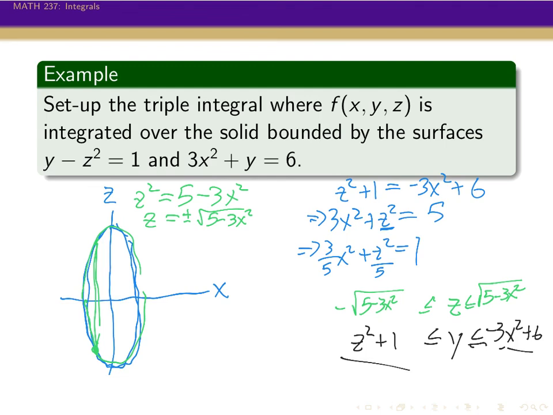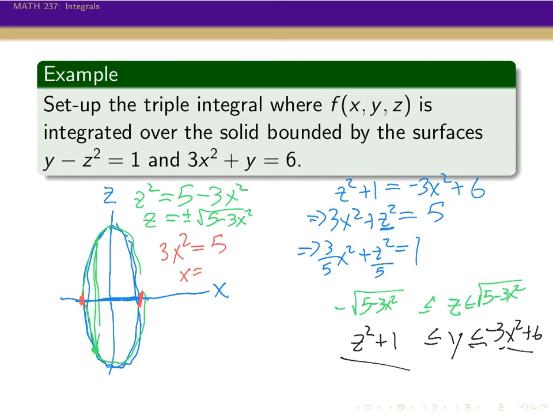And then the x values are coming from when z is equal to 0, right there. And so when we go back to this equation and set z equal to 0, our x bounds are going to be coming from 3x squared is equal to 5.